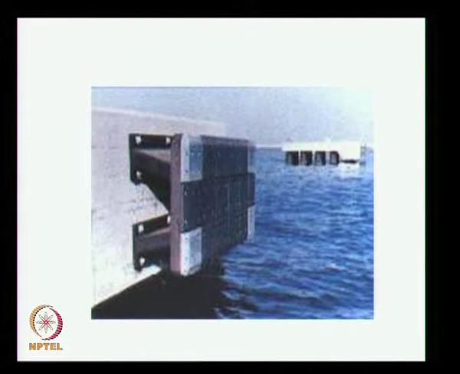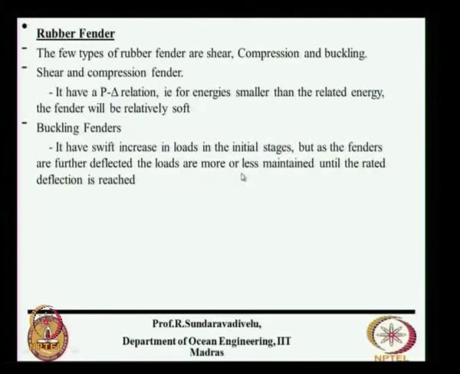This is the frontal board elevation. If you see from the other side how it is connected, this is a horizontally fixed fender. This is used for low tidal ranges, so this height will be less. If you want to reduce the pressure on the vessel, you have to increase this size, the other dimension. So we have rubber fenders called shear fender, compression fender and buckling fender.